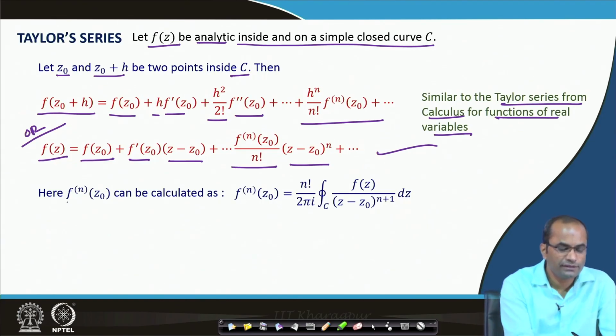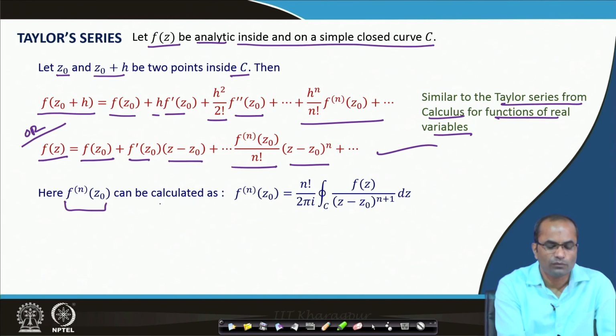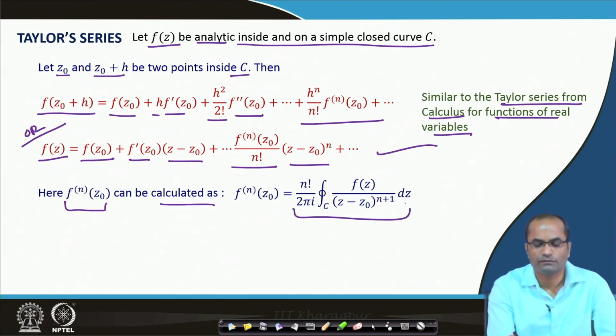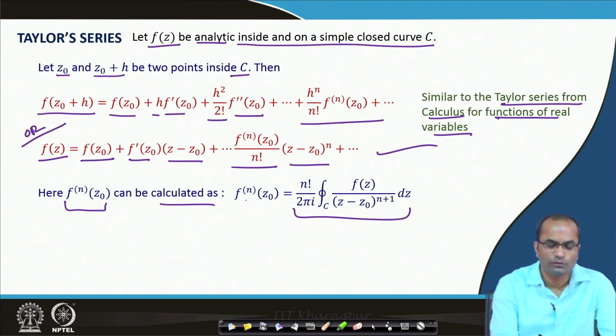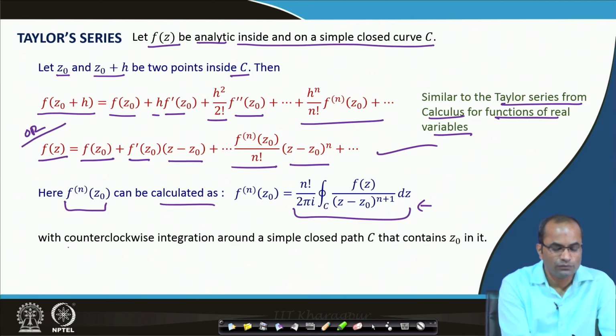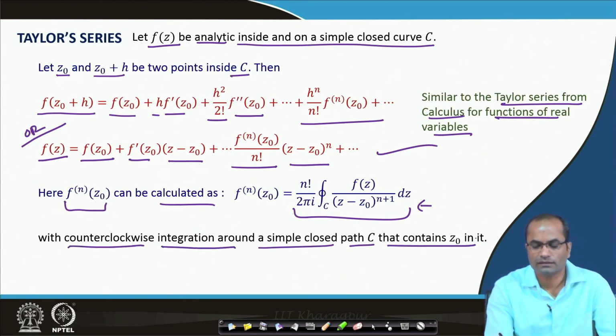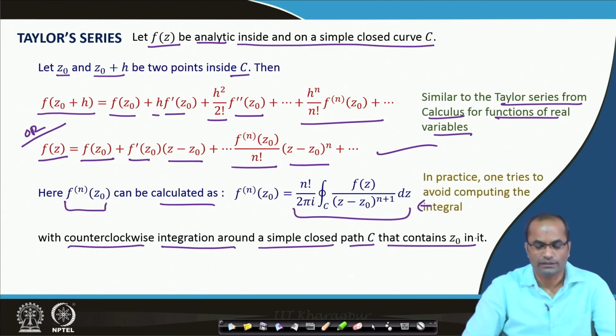In this case, the difference is that we know the formula already from the previous lecture, that the derivative of these complex functions can be calculated with the help of such integrals which we have just seen in the previous lecture. So, the nth derivative is given by factorial n over 2 pi i and this integral of f(z) over (z minus z0) power n dz, with counterclockwise integration around a simple closed path C that contains z0 in it.